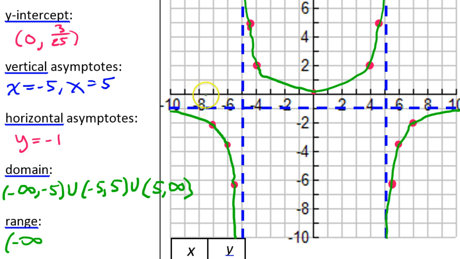This graph does not cross the horizontal asymptote, so the bottom part of the graph goes from negative infinity up to the asymptote, which is at negative 1. So these two branches down here reach from negative infinity to negative 1. All right, and anywhere there's an asymptote, I'm going to leave that round.